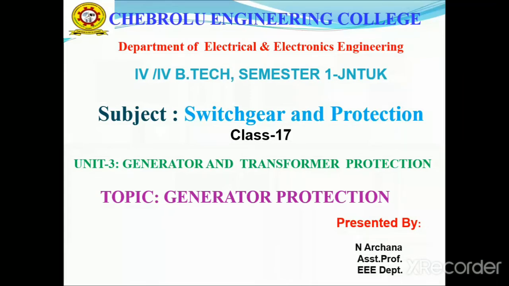These equipments are very costly when compared to the other equipment. That's why we need separate protection for the generator and transformers. That is one of the major reasons for giving protection.